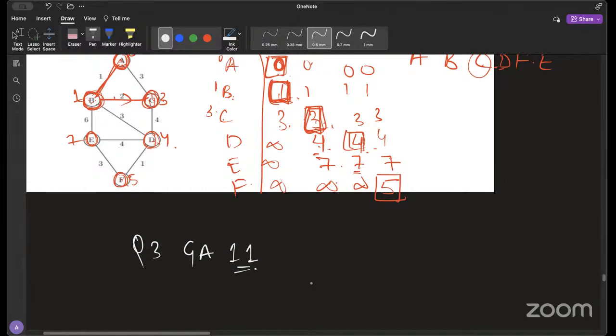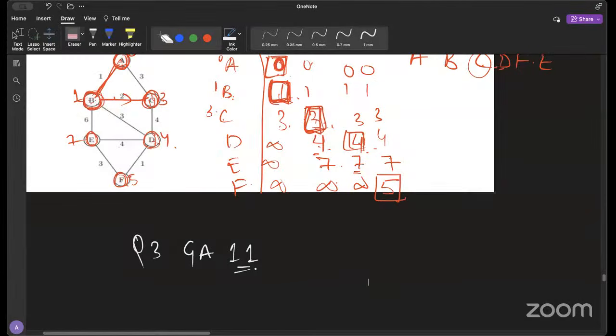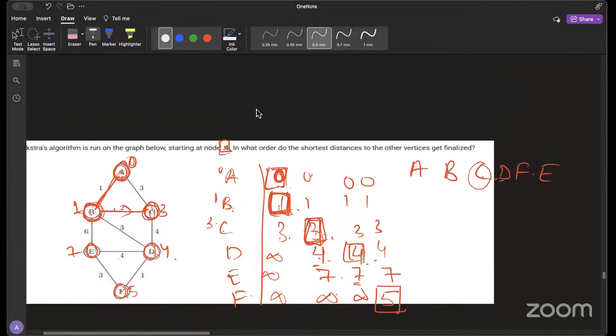In quiz 2, what we learned did not come in the exam. We practiced a lot of practical questions, solving questions, and in the exam it came only theory.